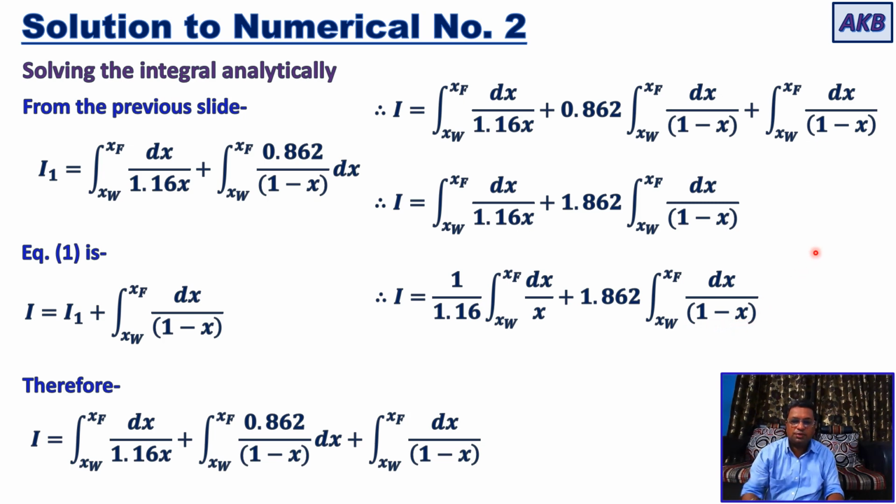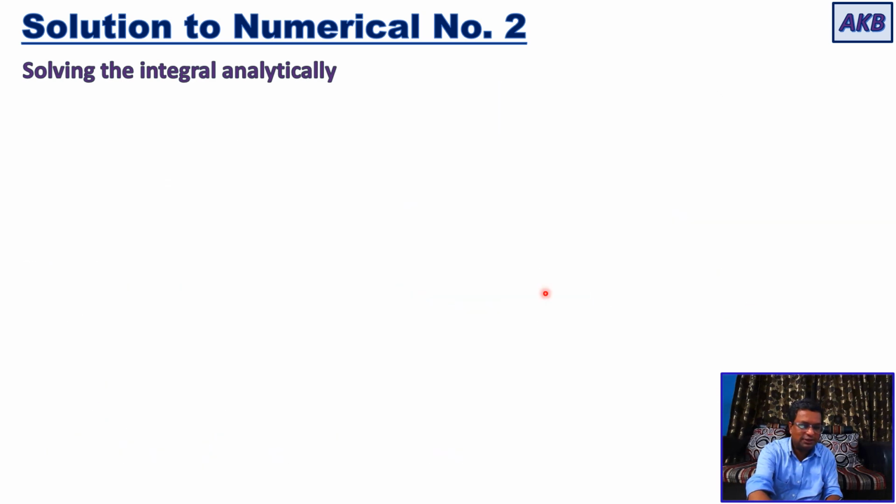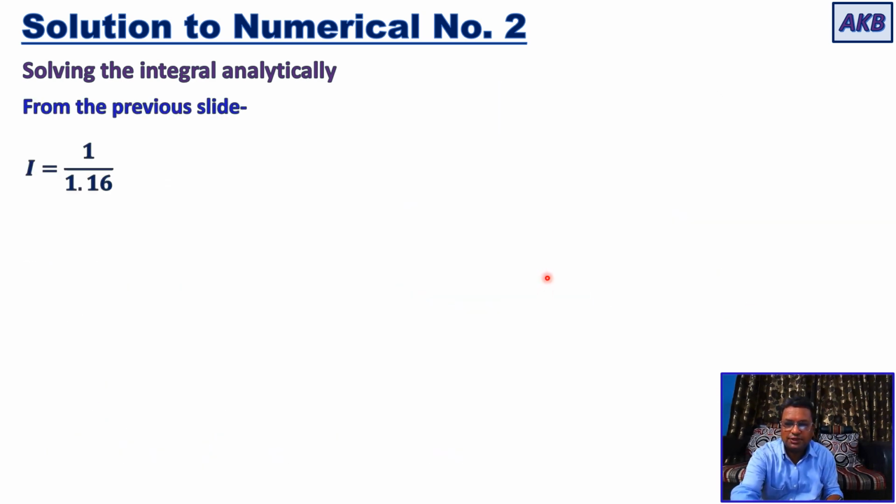Okay, so you must have observed that we have converted the term that was a little bit difficult to integrate into two simple terms which can be easily integrated. So that's why we had used integration by parts. Okay, now you can easily evaluate this integral. Okay, so let us continue with it.